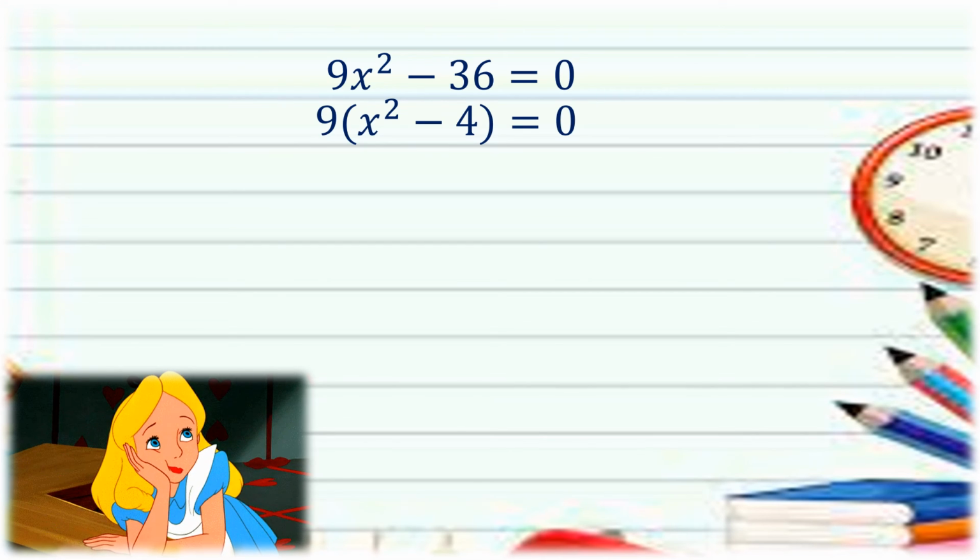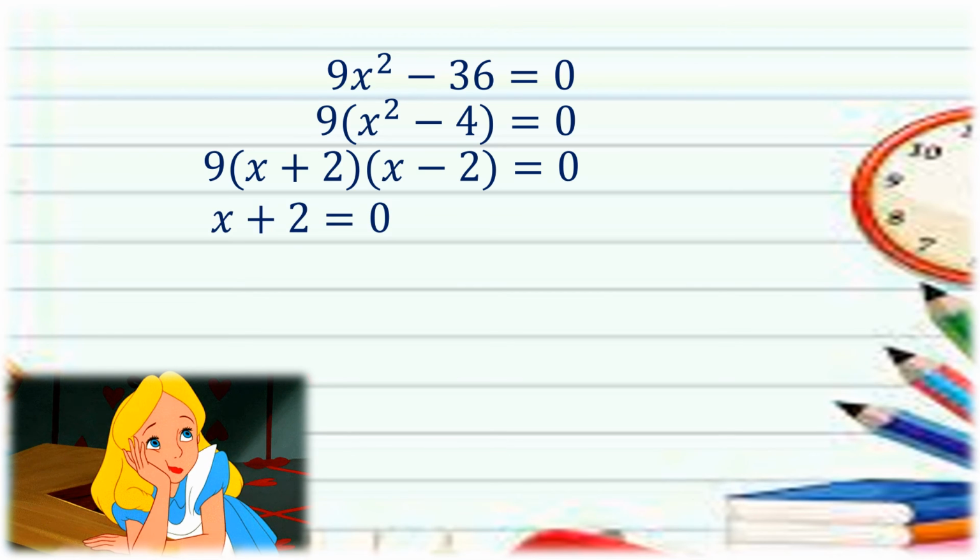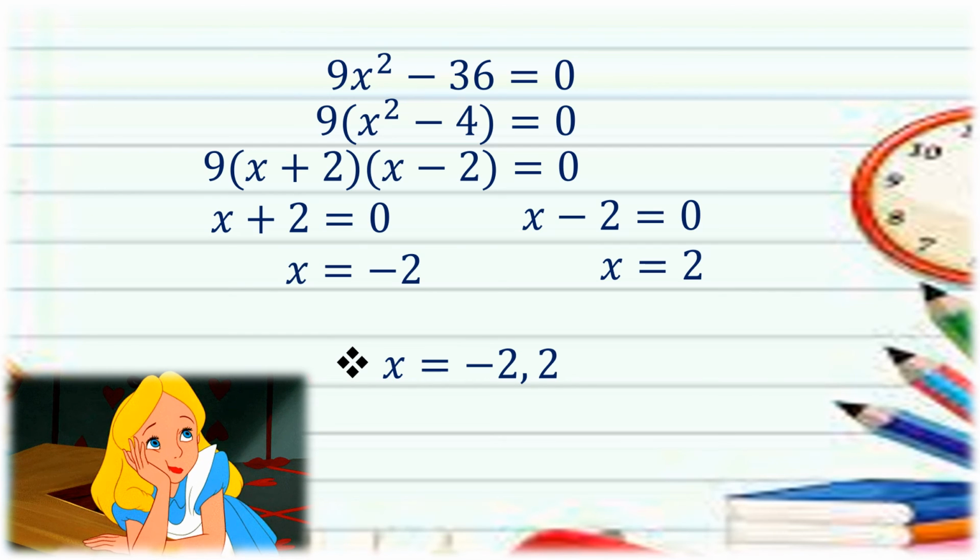Then we are going to factor out x squared minus 4, which is equal to x plus 2 times x minus 2. Then we are going to equate it to 0. So we get x plus 2 is equal to 0 and x minus 2 is equal to 0. Transposing 2 to the other side, we get x is equal to negative 2. And transposing negative 2 to the other side, we get x is equal to 2. So the roots of this quadratic equation are negative 2 and positive 2.